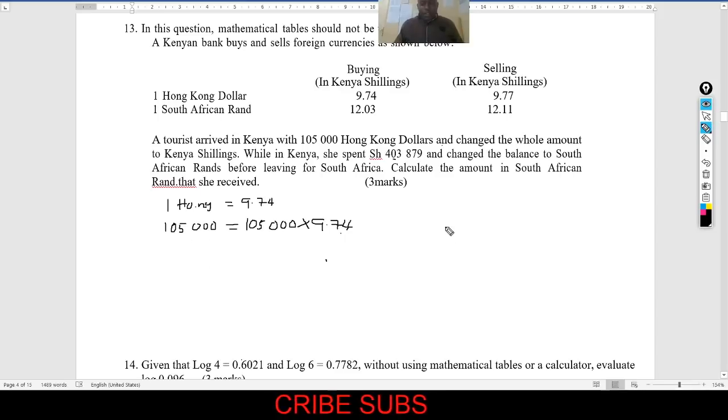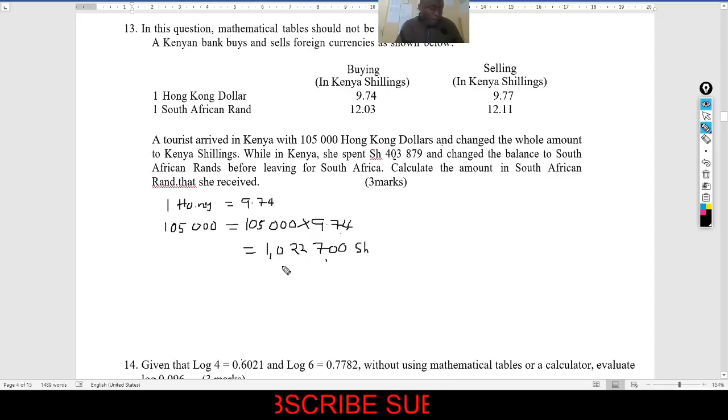Multiplying with your calculator, this gives you 1,022,700 in shillings.